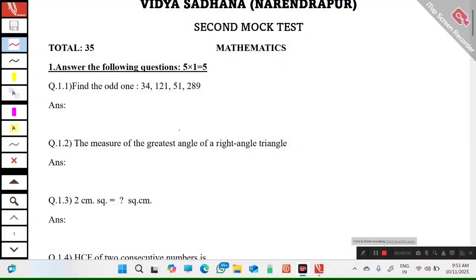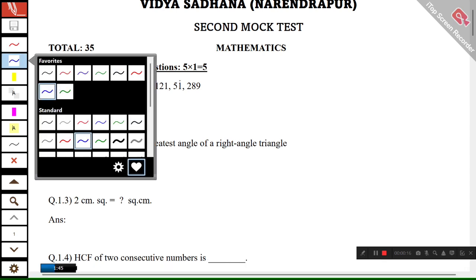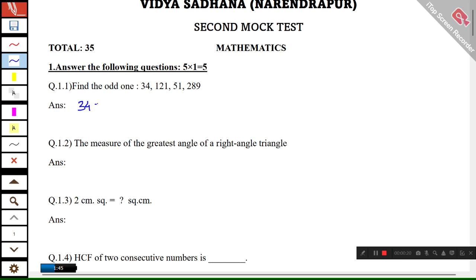এটা সেকেন্ড মক টেস্টের সলিউশন আমি করছি, তোমরা দেখবে। এখানে প্রথম যে প্রশ্নটা ছিল ফাইন্ড দ্য অড নাম্বার, এখানে 34, 121, 51, 289। দেখো, কালারটা চেঞ্জ করে নিই। See that 34 is 17 into 2, 121 is not divisible by 17, 51 is 17 into 3, and 289 is 17 into 17, 289.